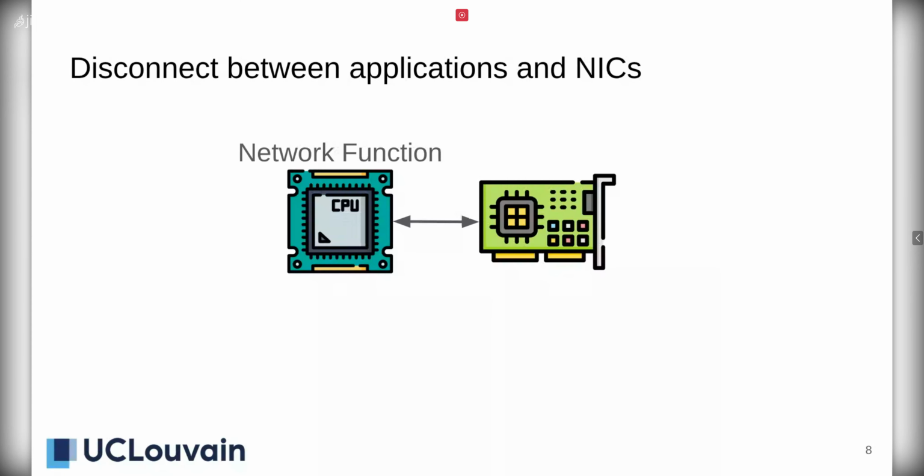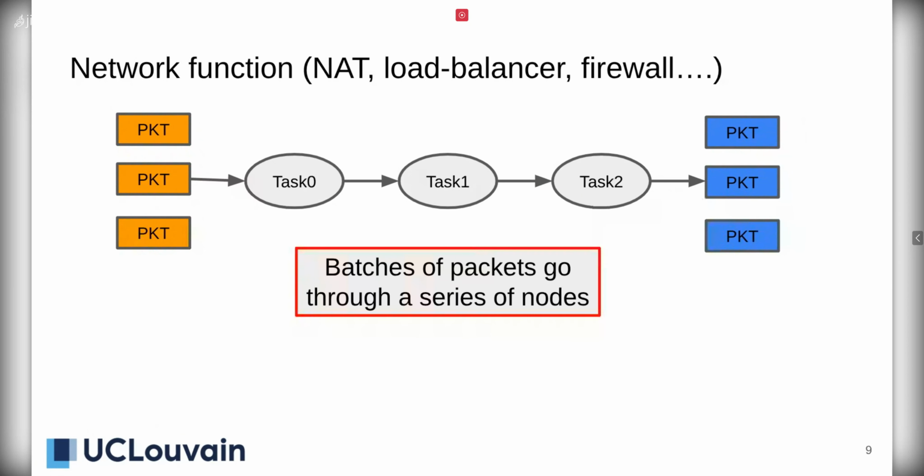As an example, I will take network functions. A network function is any application that receives a packet from the network, modifies the packet, and sends it back. You can imagine, for instance, a load balancer, a NAT, a firewall, whatever you want. For this kind of application, it's been understood for a long time that if you want to extract performance, you shouldn't just process packets one by one.